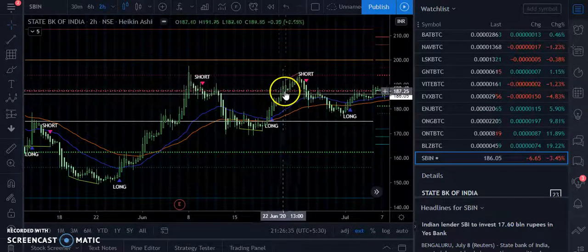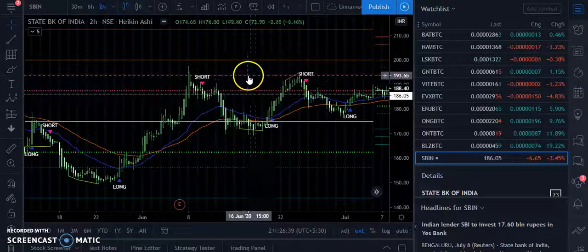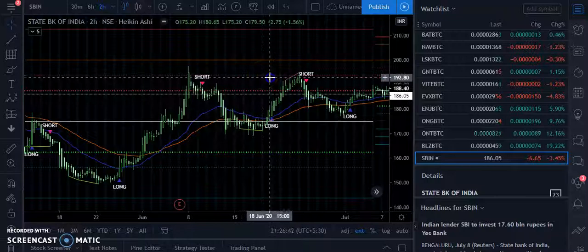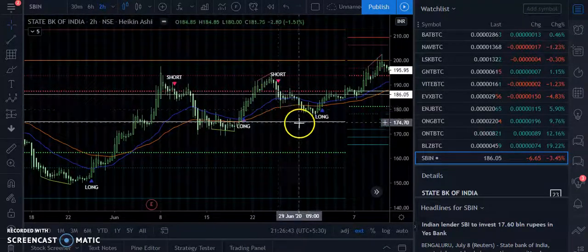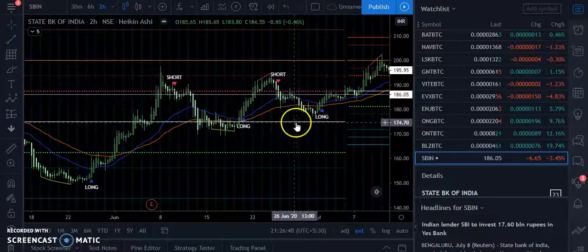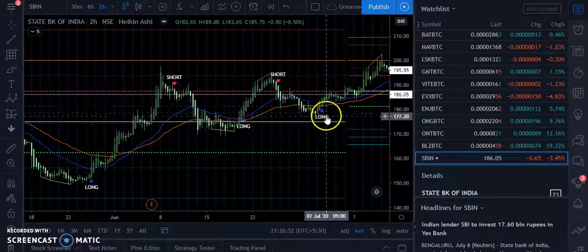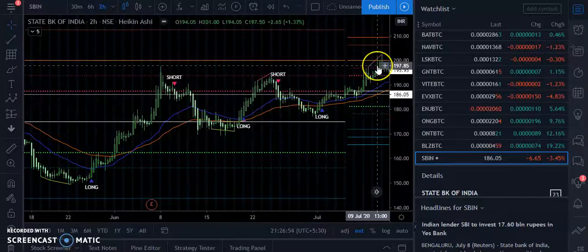So you can put your take profit 1 here, take profit 2 here. Also you can consider this particular line as well. As I said, the price is near this strong support line, and you got a long signal, then price again rallied.